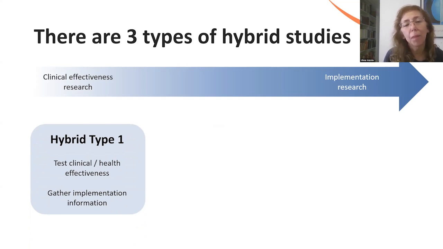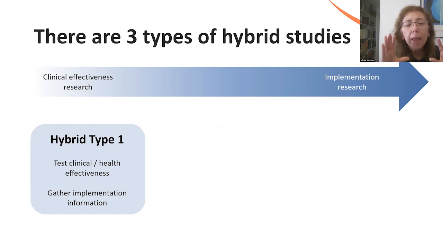of the intervention. In this type of hybrid study, we test the effectiveness of the intervention, that is, what are the clinical or prevention outcomes, that's the primary aim of the study, and at the same time, we explore barriers, facilitators, and we measure some process indicators as well.